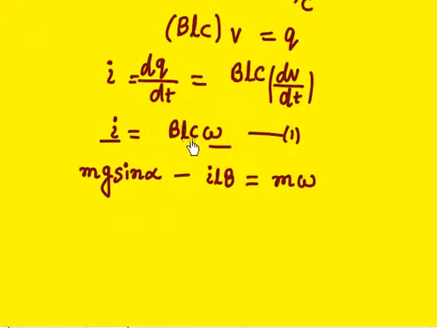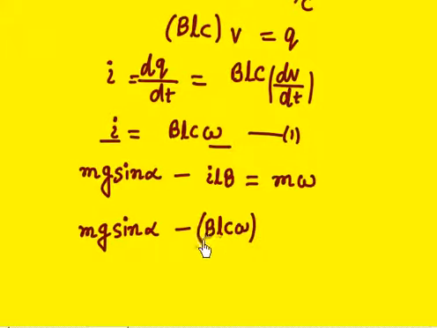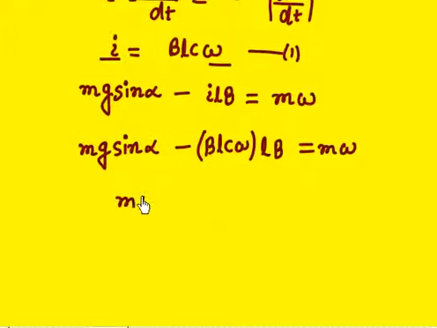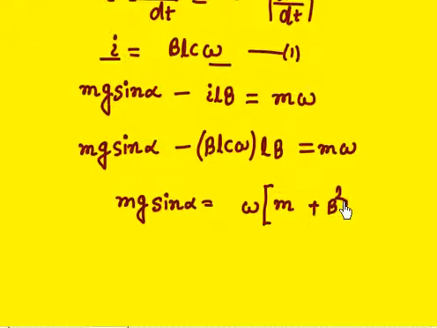And now I know I is BLC omega. So this is mg sine alpha minus I, which is BLC omega, and I have to multiply by L into B again, and this equals m into omega. If I take omega common, I will have mg sine alpha equals m plus B square L square C, into omega.